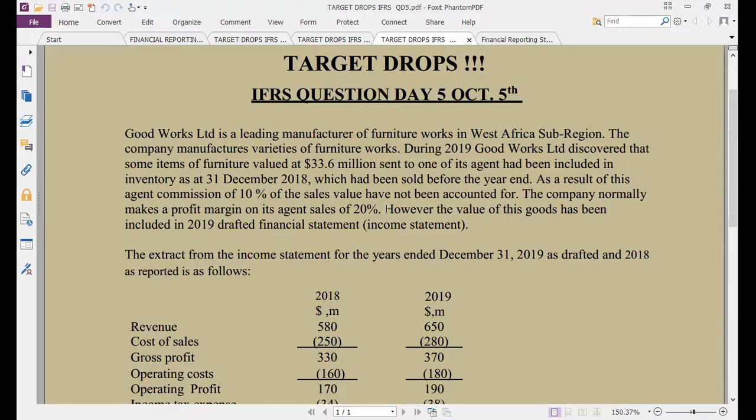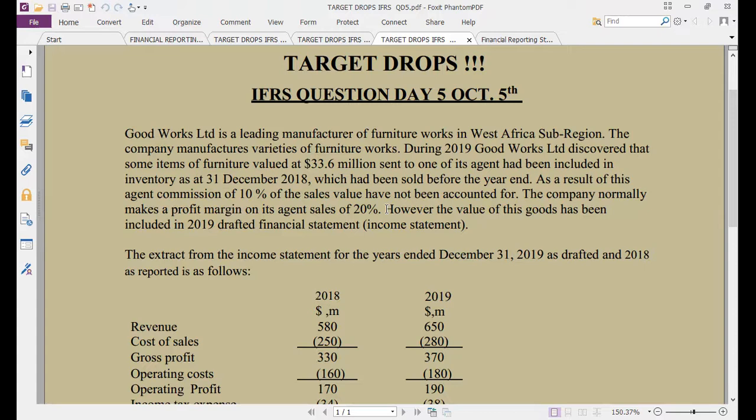Good Works Limited is a leading manufacturer of furniture works in the West Africa sub-region. The company manufactures varieties of furniture works. During 2019, Good Works Limited discovered that some items of furniture valued at $33.6 million, sent to one of its agents, had been included in inventory as at 31st December 2018, which had been sold before the year end.